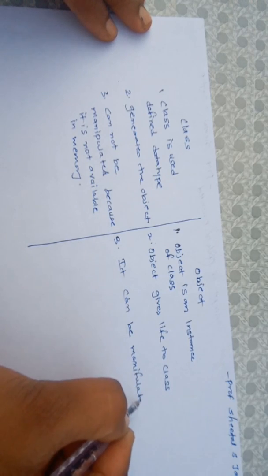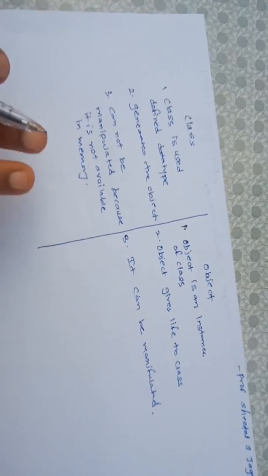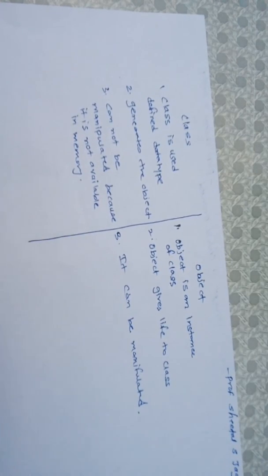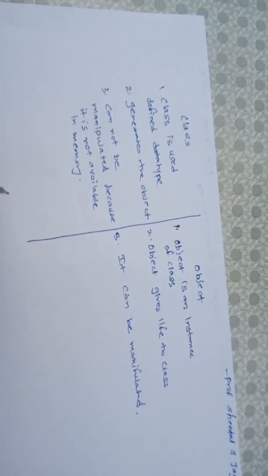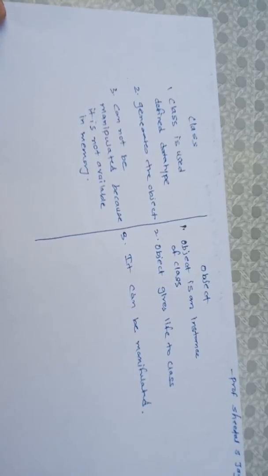Now, this is the difference between class and object. Class and objects are the features of object-oriented programming which are used in object-oriented software engineering. The further features, that is inheritance, encapsulation, data abstraction, polymorphism, we will see in the next session. Thank you.